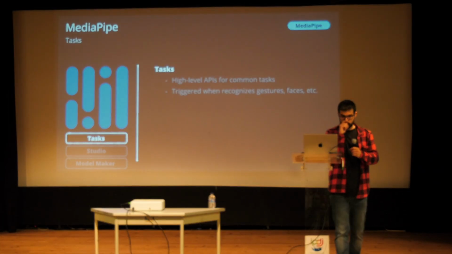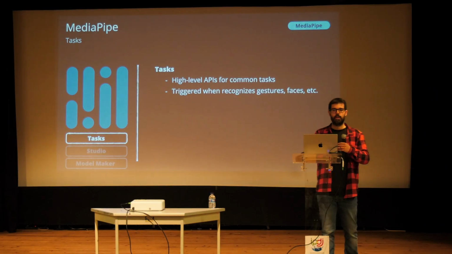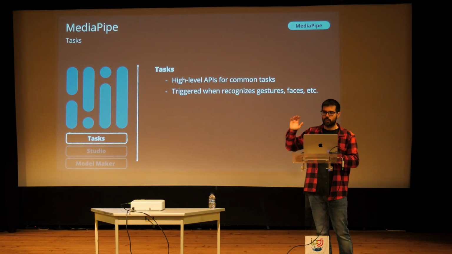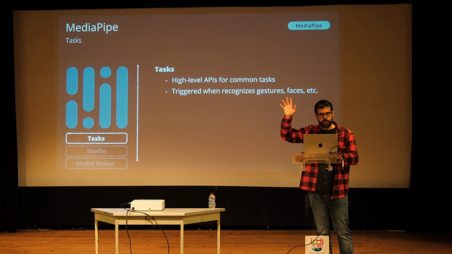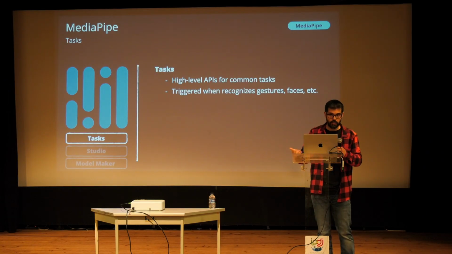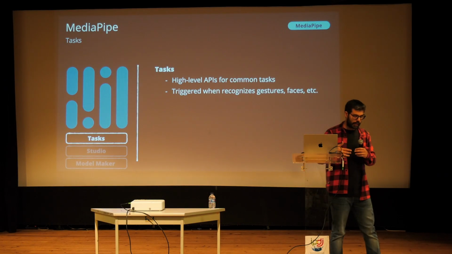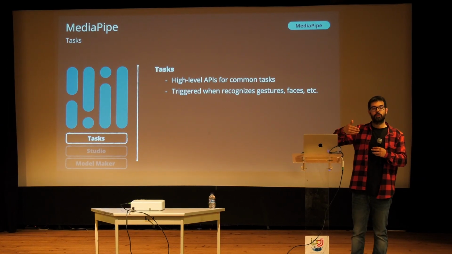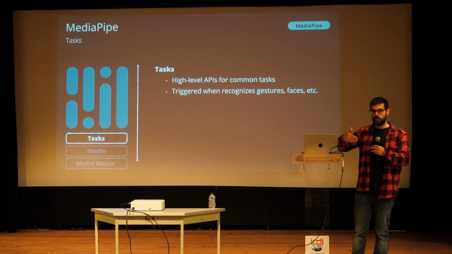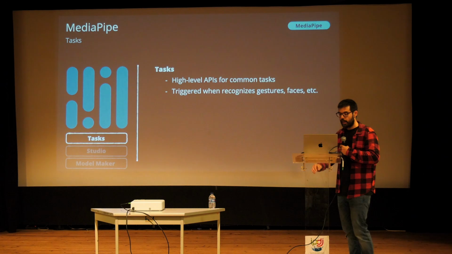The first one is tasks, and this is the part where we've got our API that's capable of understanding, okay, you're showing your hand and you're waving, or you're not showing anything. For instance, there are people using this for exercises at home, where it's capable of understanding your pose and seeing if you're doing the exercise correctly or not.